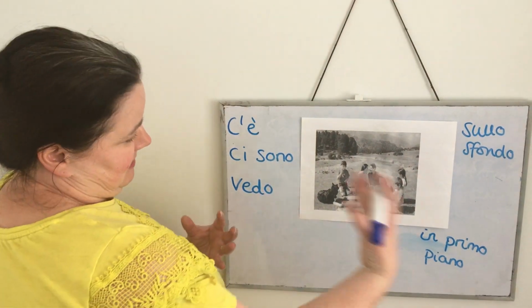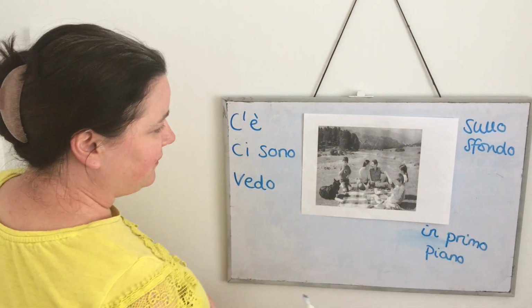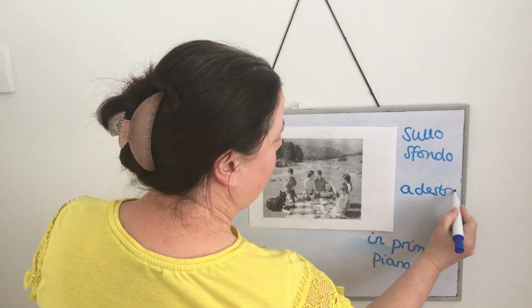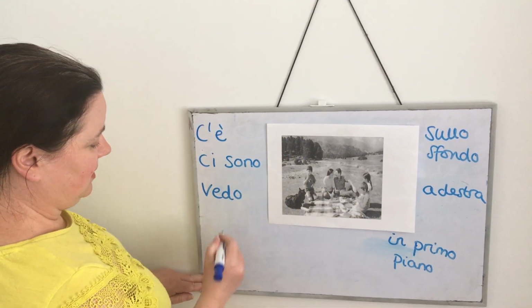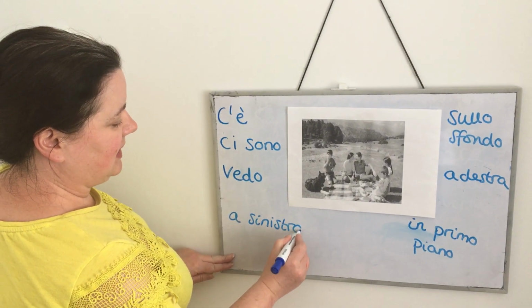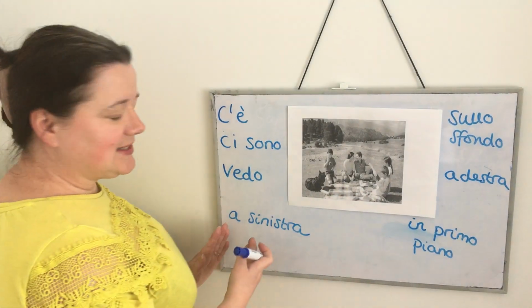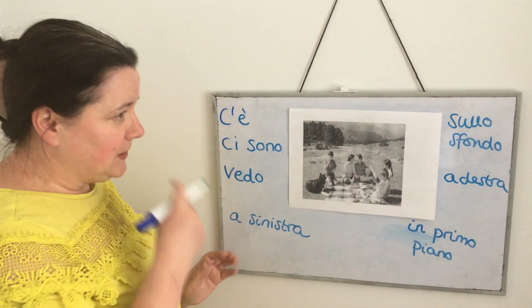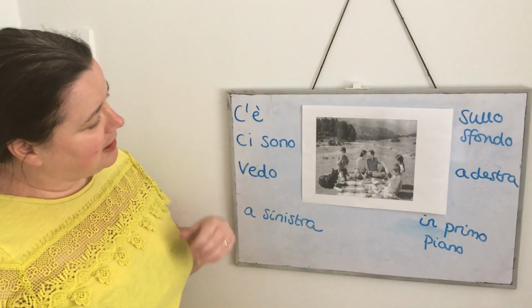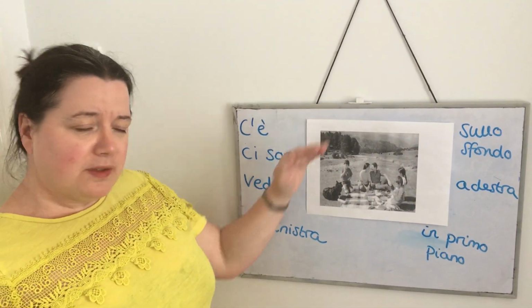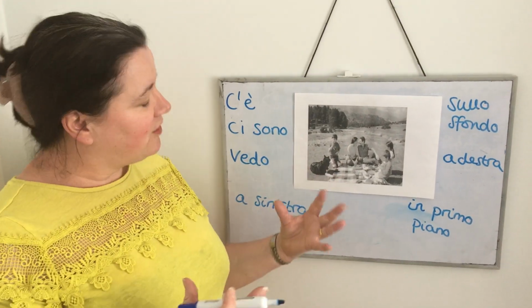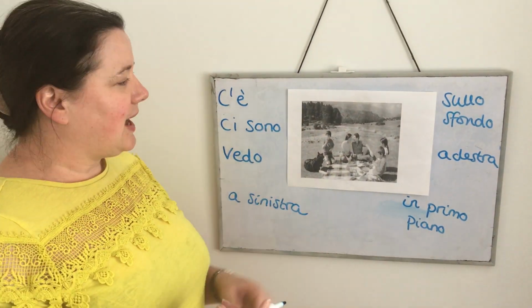You've also got things like on the right, on the left. So on the right, a destra. On the left, a sinistra. Again, a destra and a sinistra shouldn't be that new to you. Okay. When you're also talking about a picture, you can describe the top and the bottom of a picture. Now I know that this isn't in colour, but with the power of imagination, imagine that the sky is blue.